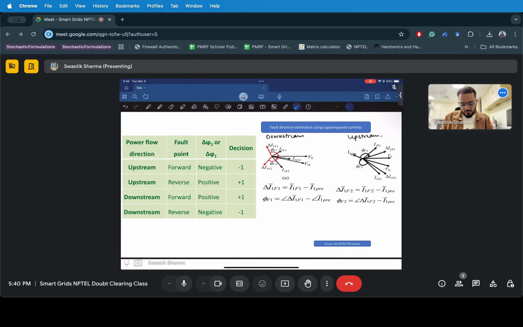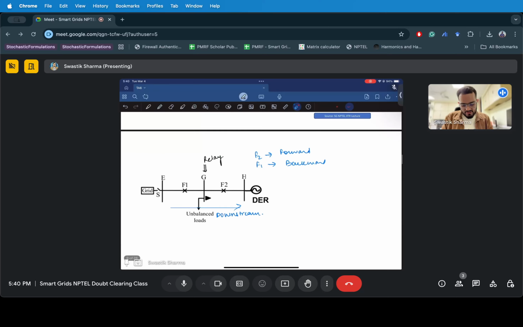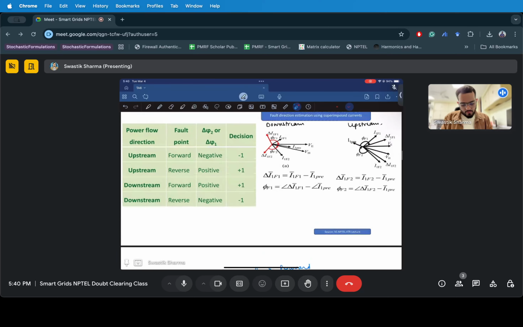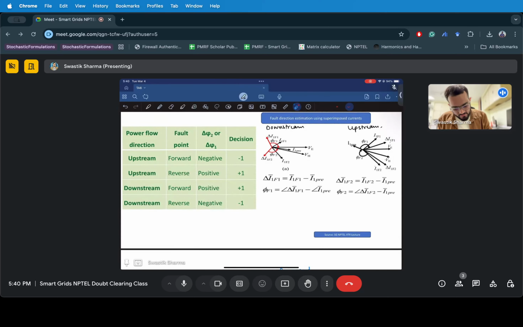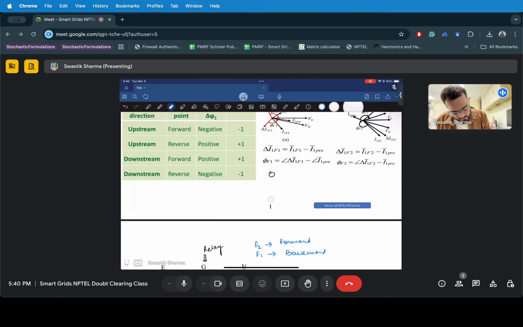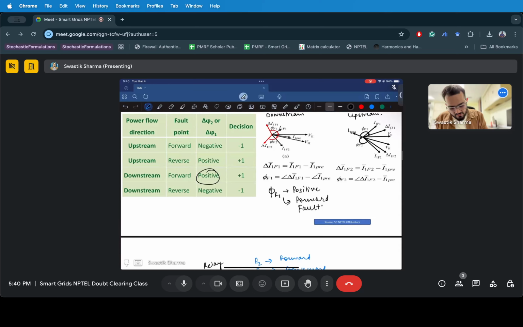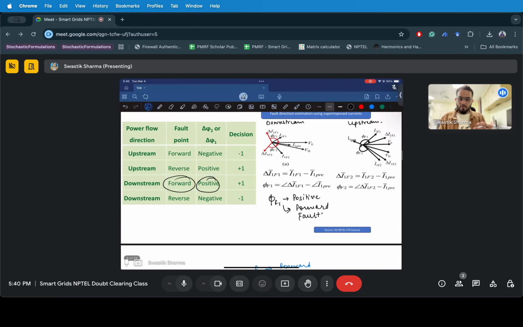If it is positive, what you have to check is how the fault is looking. Since phi f1 is positive for this condition, and I told you positive denotes forward fault, as you can see here, for a downstream condition with a positive phi f1, your fault is considered to be a forward fault.